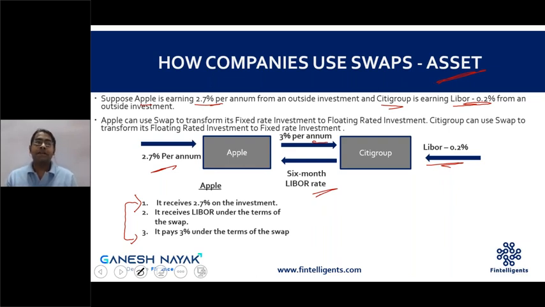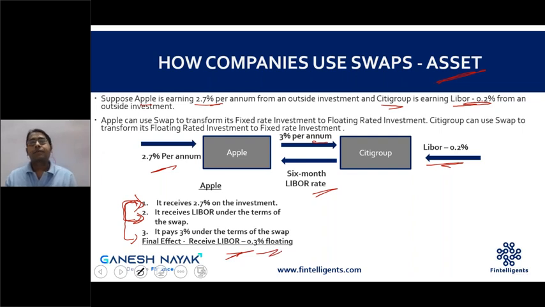And also, sorry, my bad, if you combine the first and the second point, Apple is going to receive 2.7% and it is also going to receive LIBOR. That means Apple is going to net off the first 2.7% and the last 3%, and on a combined basis, it is only paying 0.3% plus LIBOR.